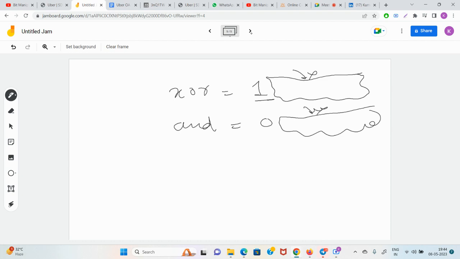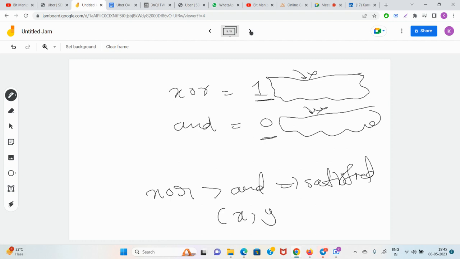You just check the first number, na. 1 is bigger than 0. It means XOR is greater than AND. It means the condition is satisfied. If the condition is satisfied, it means X comma Y is a valid pair. We want to count all the valid pairs, right? So guys, I hope case number 1 is clear to everyone.